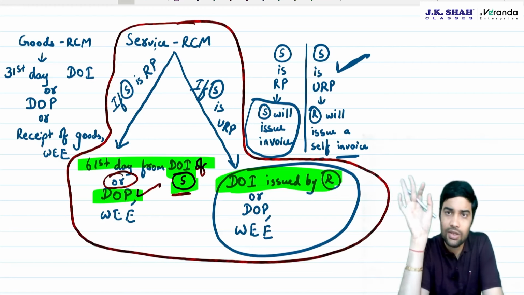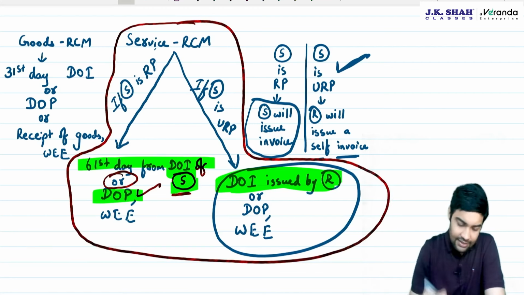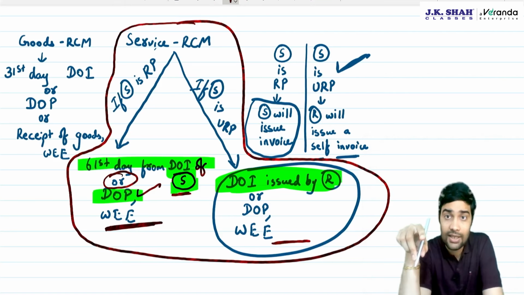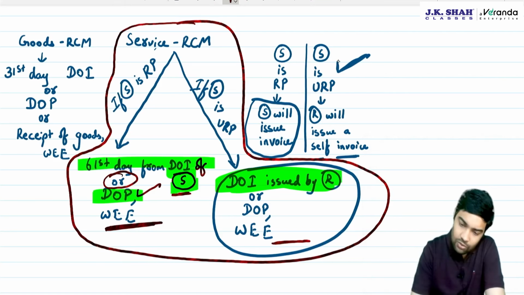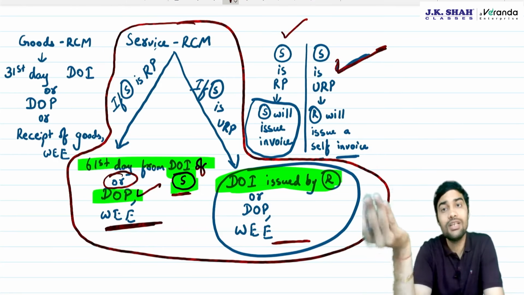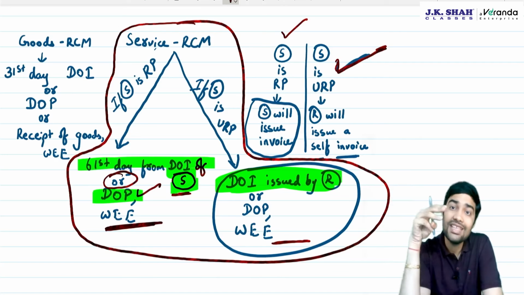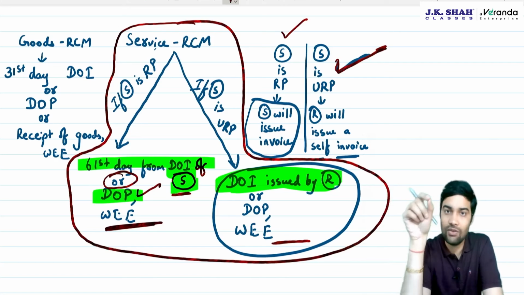Be careful on this part. They can ask for it in the examination either way. You need to be careful and know this. Now, sir, when should recipient issue invoice? That is also now defined: the recipient has to issue invoice within 30 days from the receipt of service.